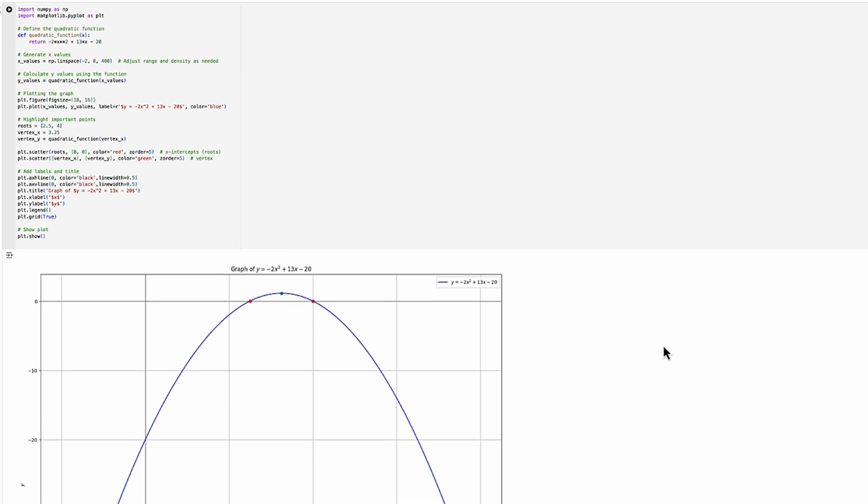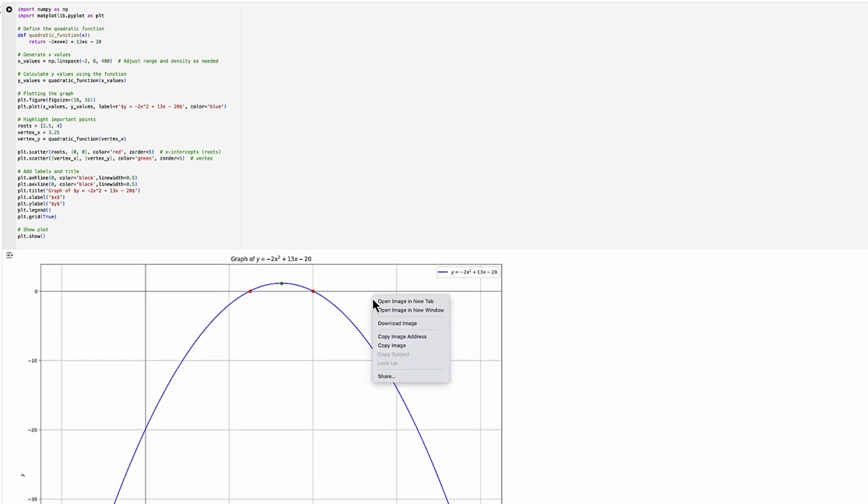Can we move this? No. Can we right click on this and save the image? We can. Okay, so we can save this image. Of course, if you want to add more to this graph, maybe draw the vertical line of where the vertex is, you can probably ask the LLM, the PHI-4, to do that for you.